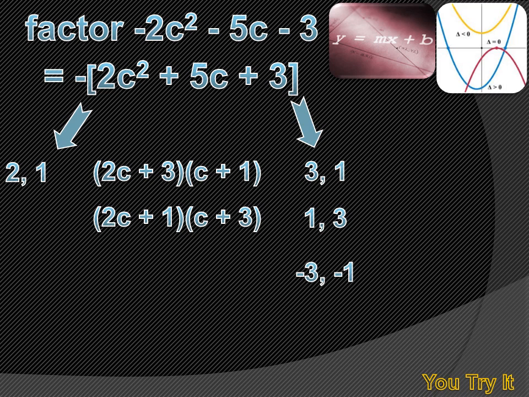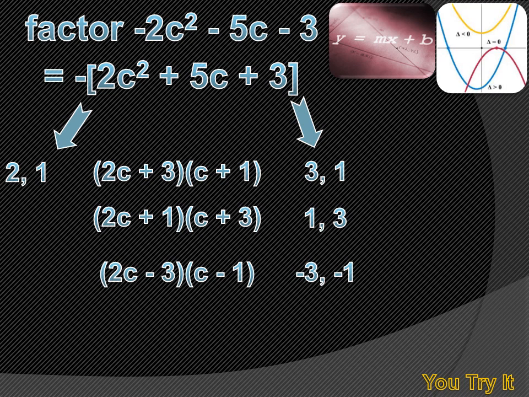Or it could be minus 3 and minus 1. Minus 3 times minus 1 equals positive 3, in which case the factors would be 2c minus 3 times c minus 1. But wait, could it be 2c minus 3 times c minus 1? My b term is positive 5, and I'm going to be adding my outside product plus my inside product.